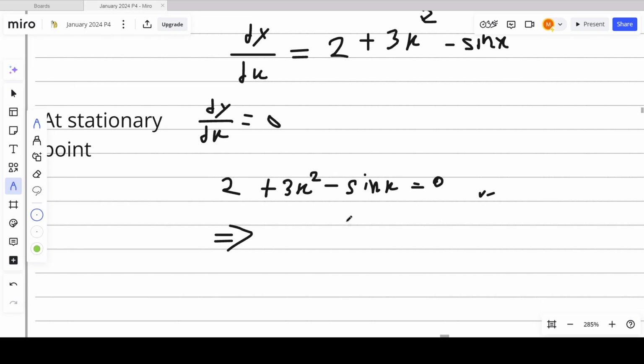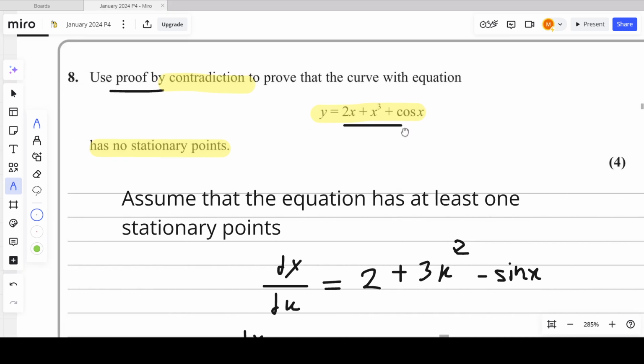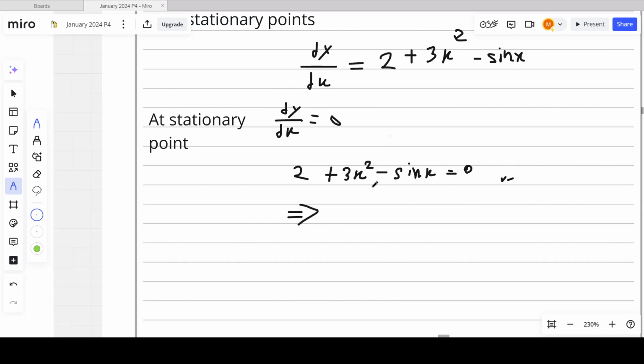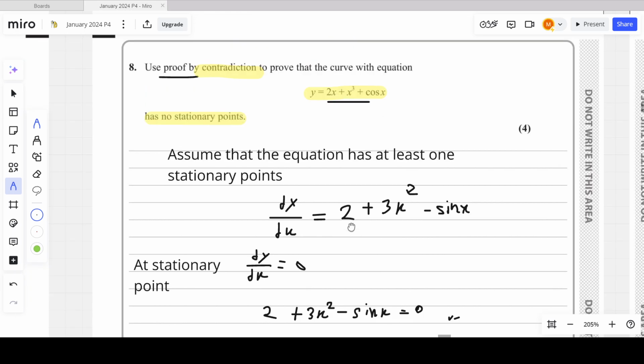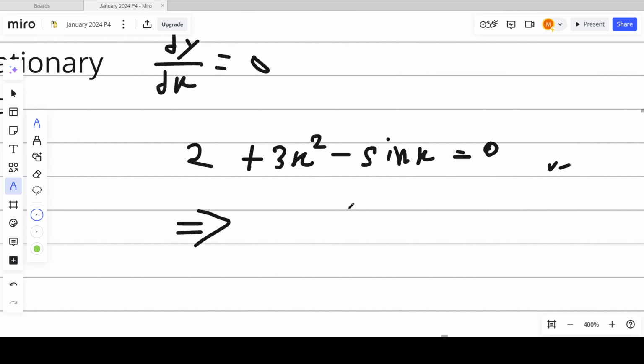So in order to prove that, what do we need to consider? The equation 2 plus 3x squared negative sin x. Are there any limits given for x? No, there's no range of values for x given. Nothing is given. So what can we do?